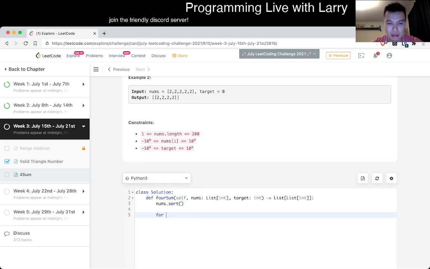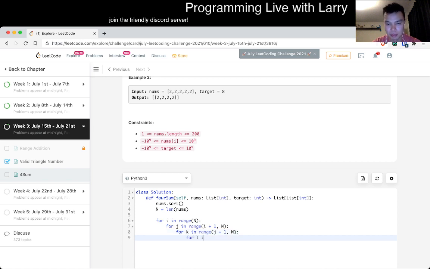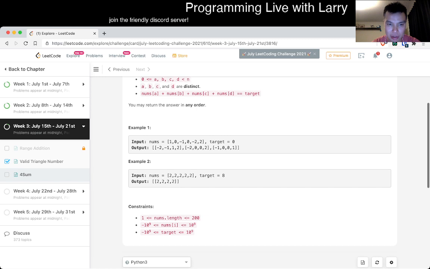But let's say we have something like this, and it is going to be clearly n to the fourth, right? This is pretty much as naive as you can get.